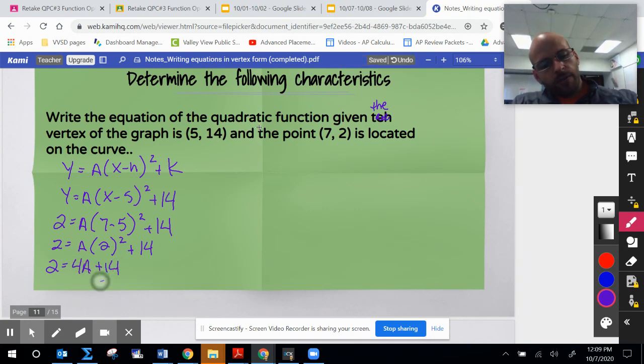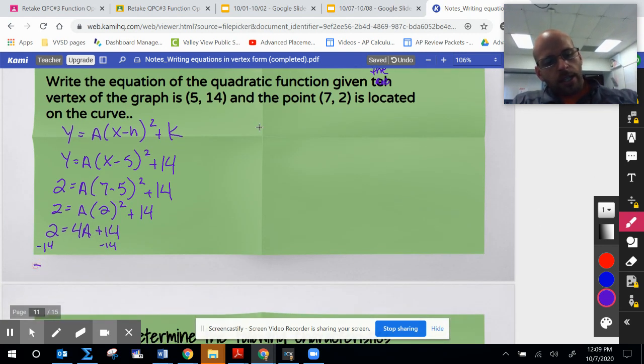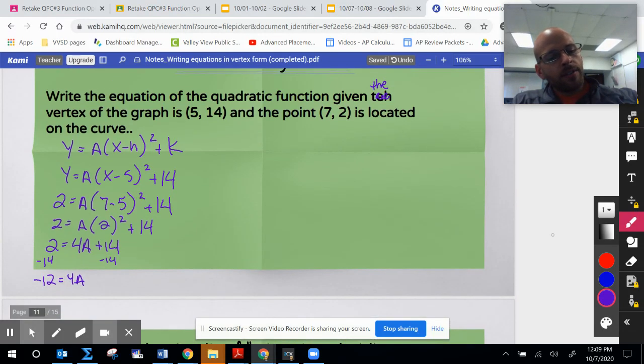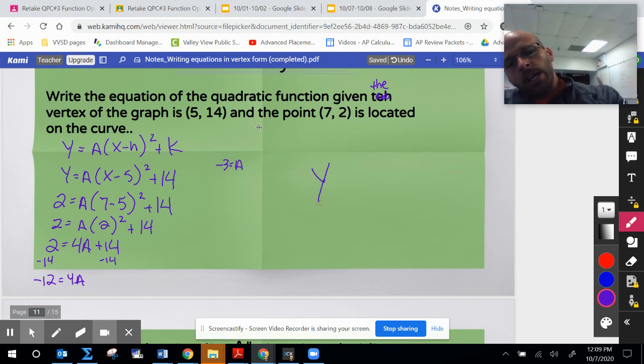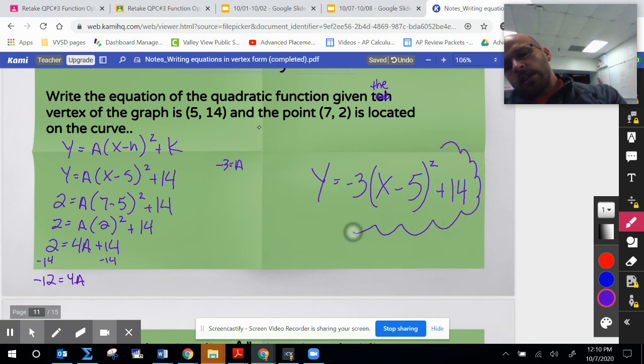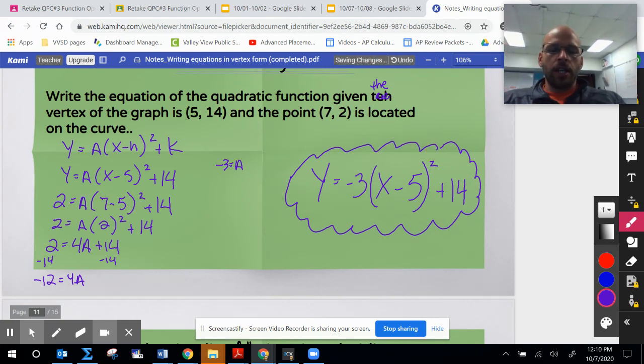If I subtract the 14 over to the other side, I get negative 12 equals 4a. And if you divide by 4, you get negative 3 to be your a value. So my equation is negative 3 times x minus my vertex, squared, plus 14. And this is the equation of my quadratic in vertex form.